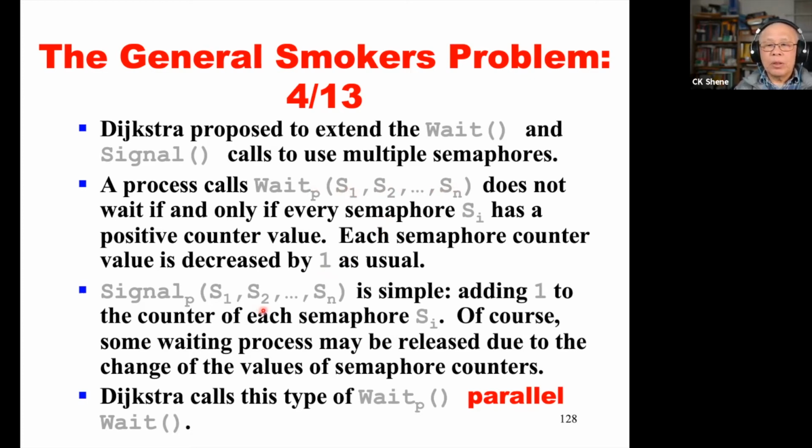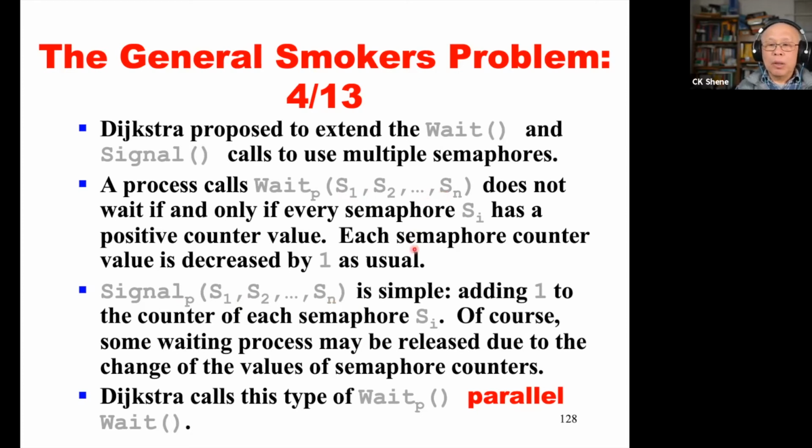For signal, we use signalP to indicate parallel signal. It's simple. We just add 1 to each semaphore. Of course, once you add 1 to each semaphore, the counter of this semaphore could change, and one of the processes waiting for all of the semaphores it waits upon will become positive.